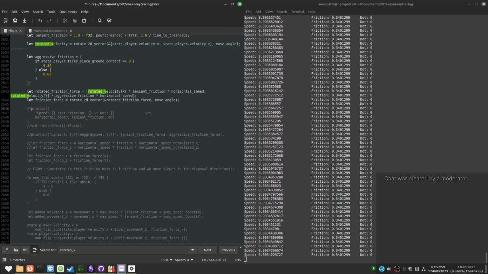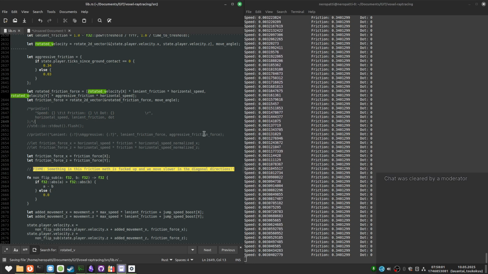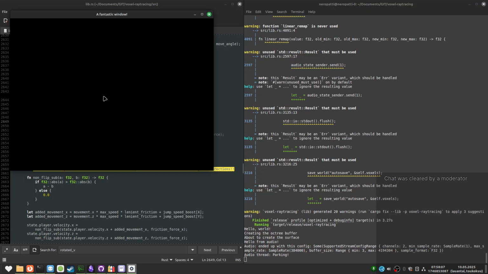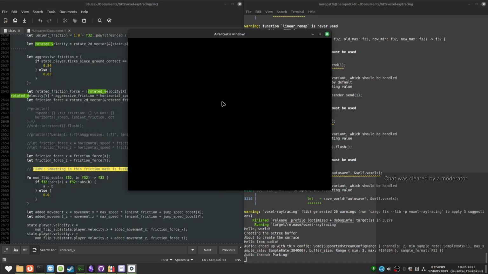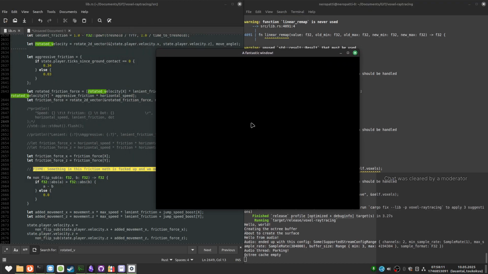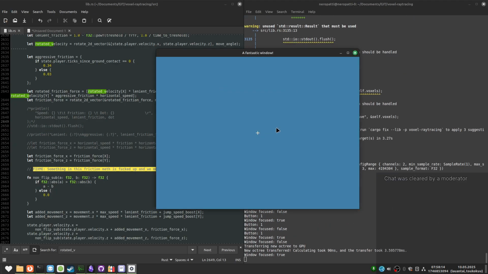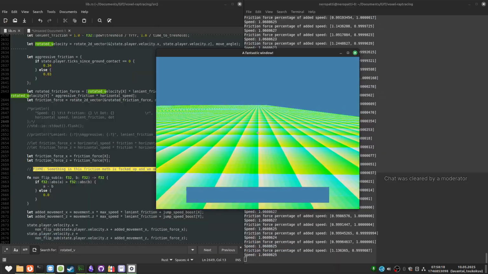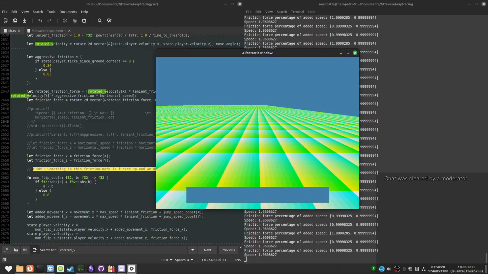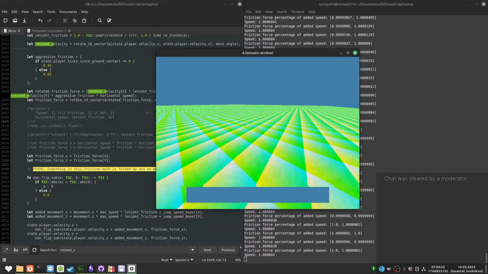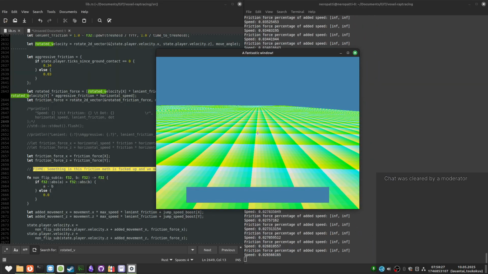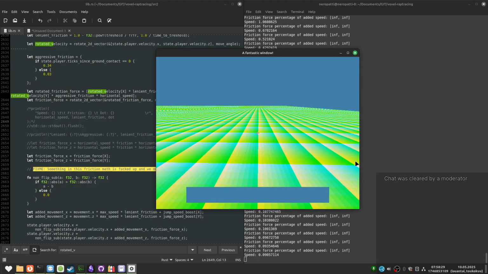No, do these. I think I just want to print the friction force, honestly.